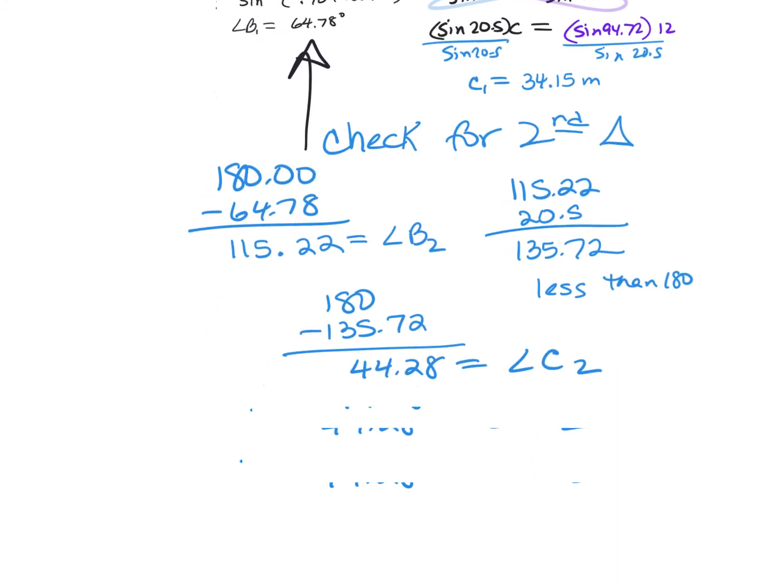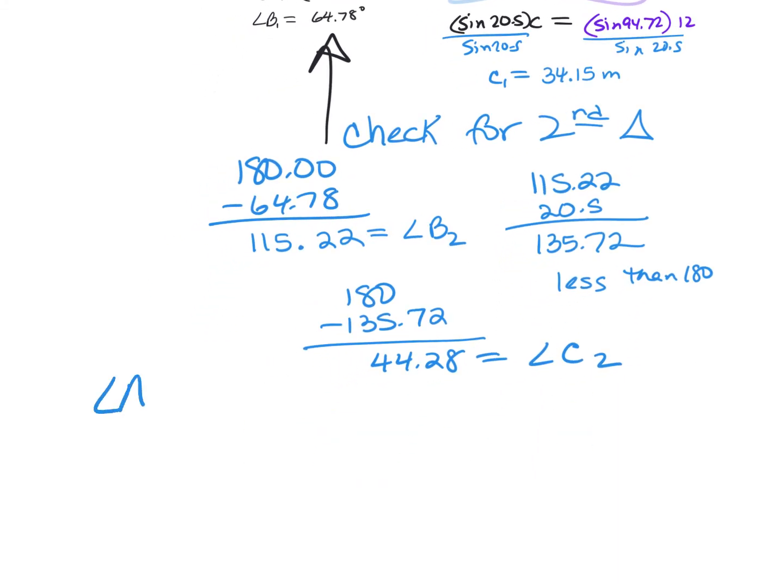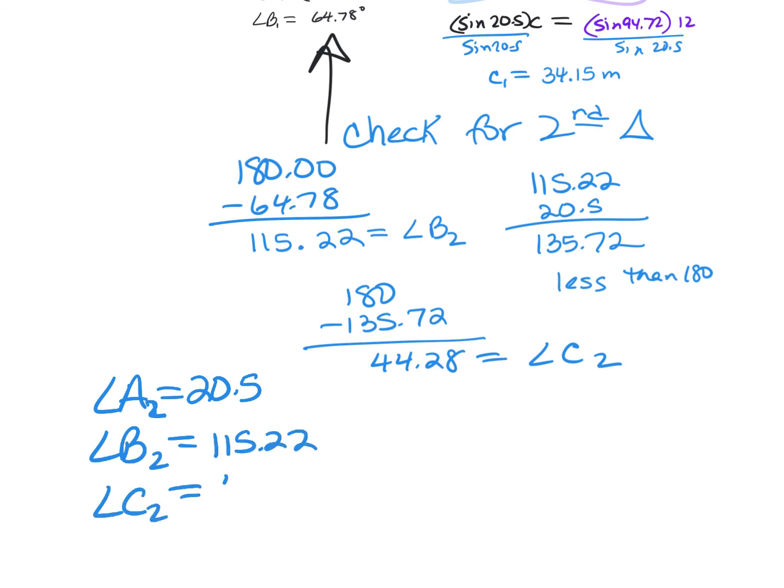So now for my second triangle, angle A is the same as the given. Angle B is new. It's 115.22. Angle C, I just calculated it. Little a was given to me. It's still the same for the second triangle as the first. Same thing for b.